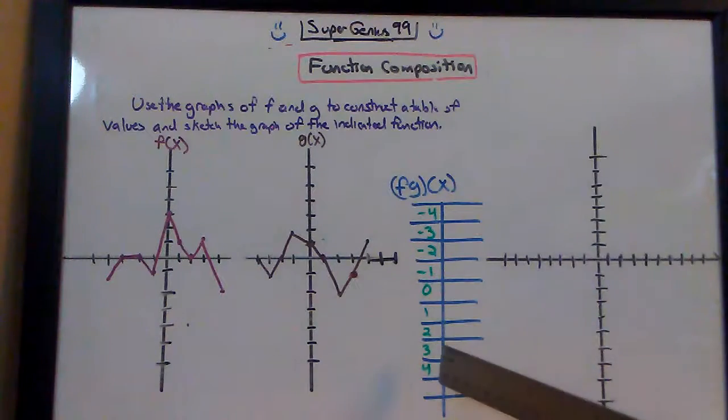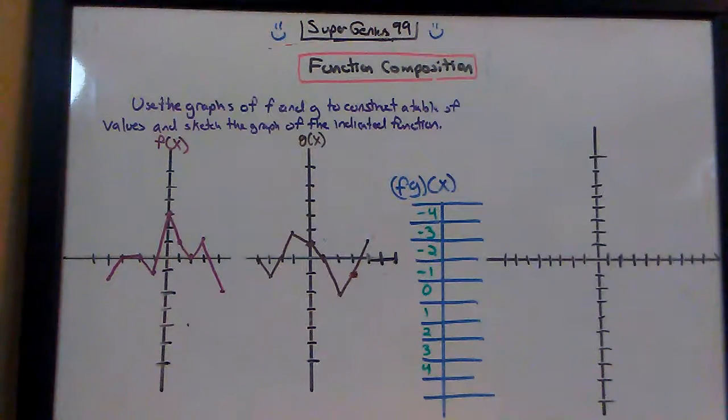We're going to go negative to positive, -4 to +4. And we're going to write our values in here, and we'll plot f times g over here. So we're going to plot the product of f and g over here. All right, so basically this graph will be this graph times this graph. Okay, it asks us for a table, so we'll give them a table.